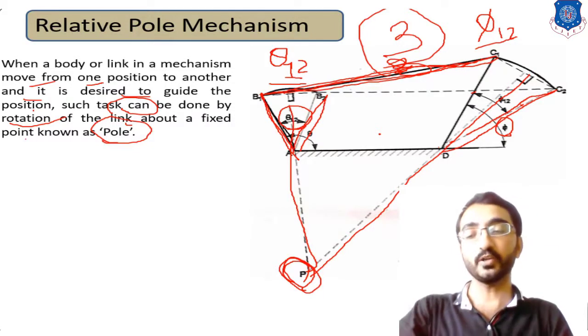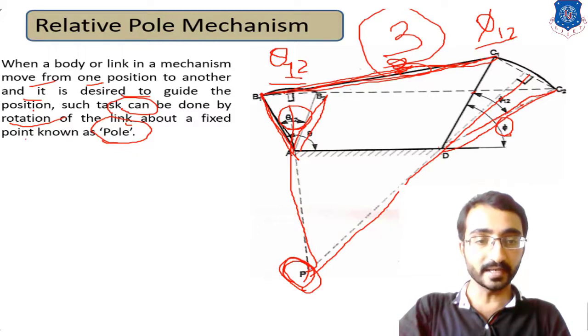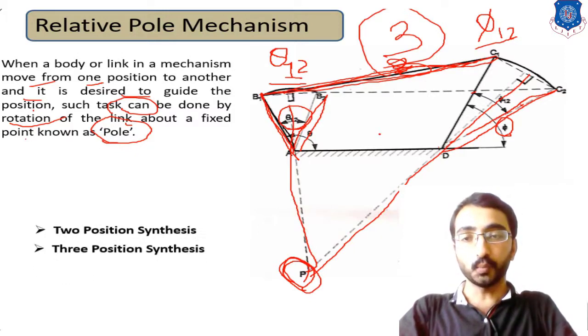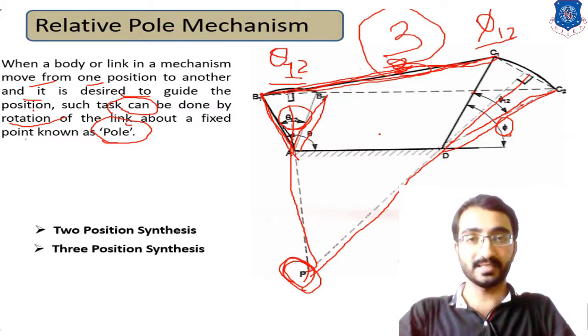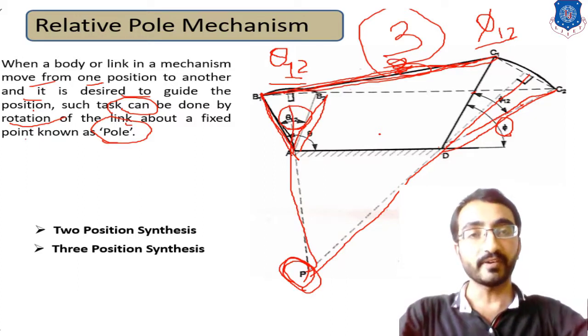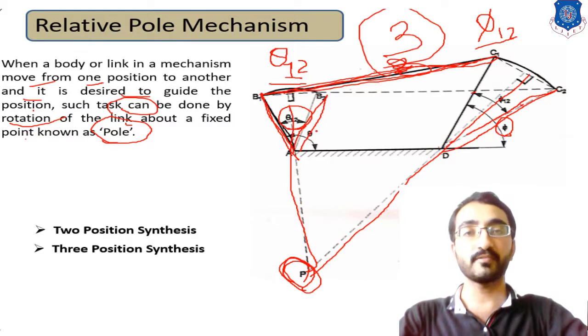Okay, now this relative pole method is mainly divided into two types, that is 2-position synthesis and 3-position synthesis. Now 2-position synthesis means that we are given two positions of a mechanism.